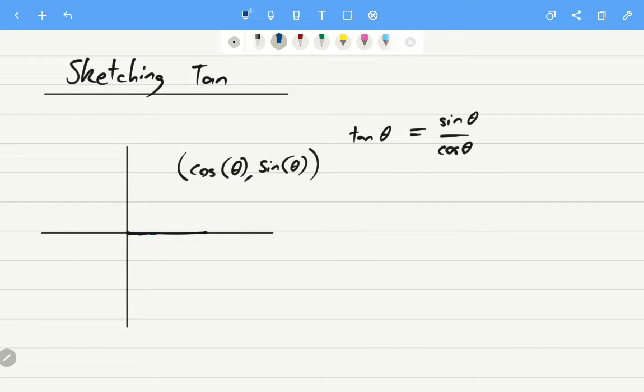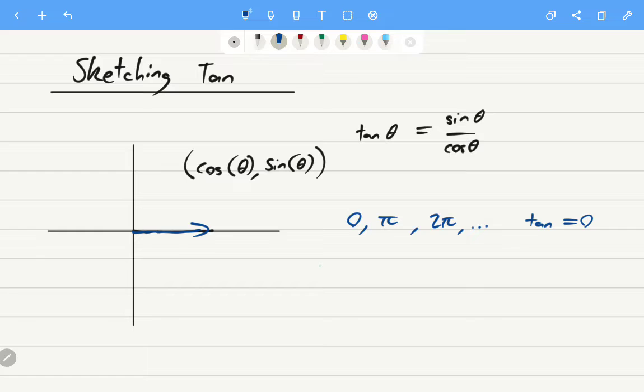Well, that gives us some really easy ways, right? We're going to be 0 when we're on the axis, so at 0 and pi, and then 2 pi, dot dot dot, tan is going to be equal to 0. But then we can think about these ones up here, right?